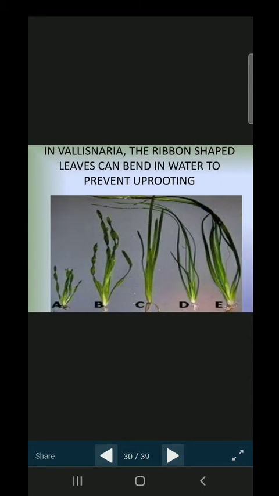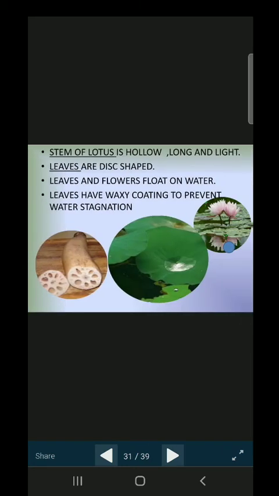As you can see in the picture, the ribbon-shaped leaves can bend in the water to prevent uprooting. That is the adaptational feature of this kind of plants. The stem of the lotus is hollow, long and light, which helps it to float on the water. Leaves are disc-shaped.